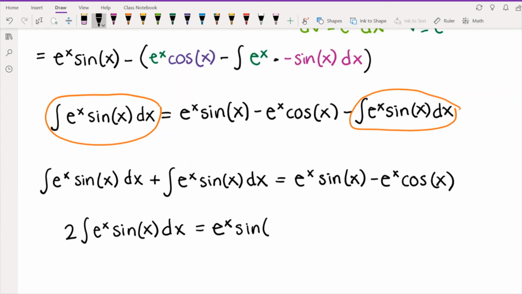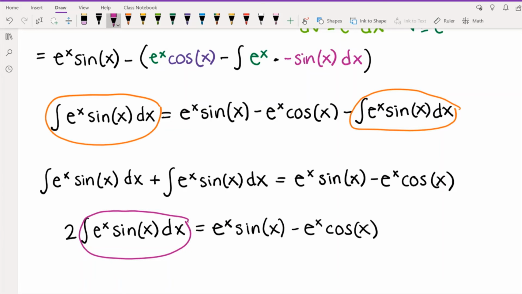And so now let's think back to what it is that we were originally trying to do here. We're trying to find this, right? We're trying to figure out what this antiderivative is equal to. And so now we basically are there. We have 2 times this is equal to e to the x times sine of x minus e to the x times cosine of x.